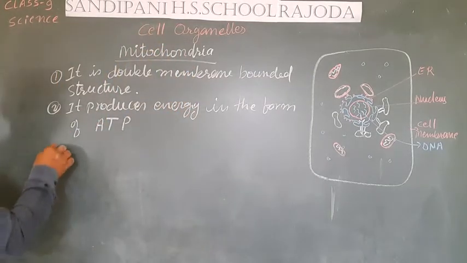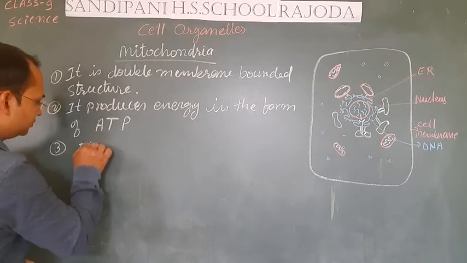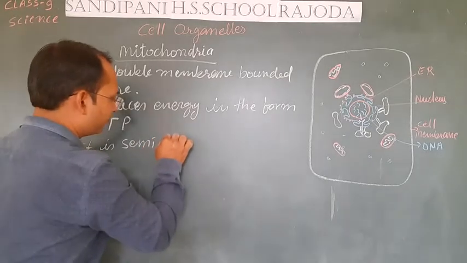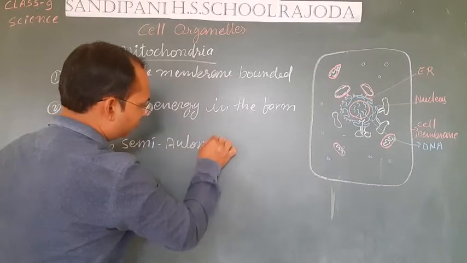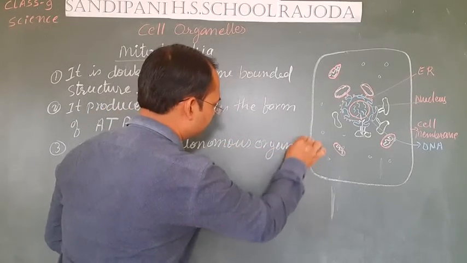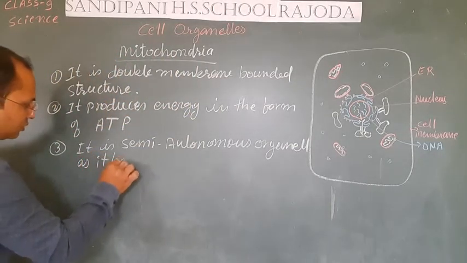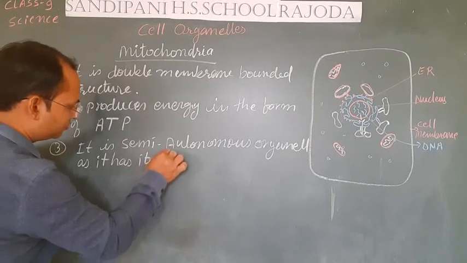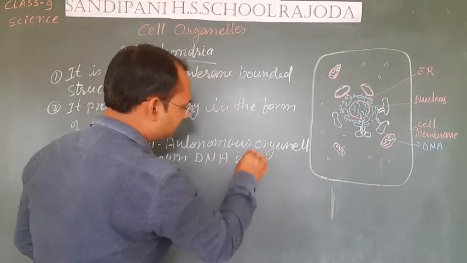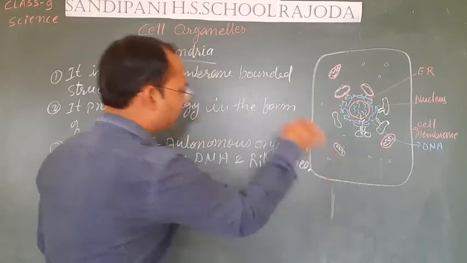So, the third important property of the mitochondria is that it is a semi-autonomous organelle, as it has its own DNA and ribosomes.